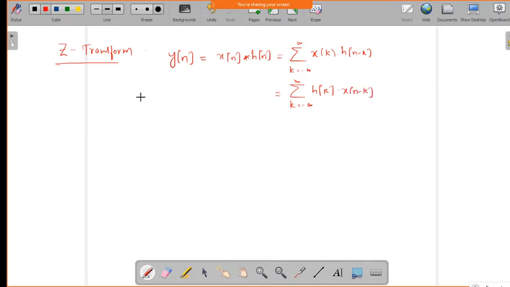Now suppose the input signal x of n is given by z power n.